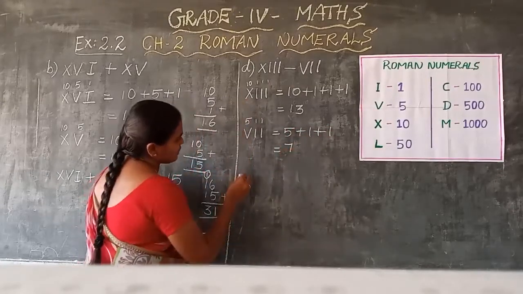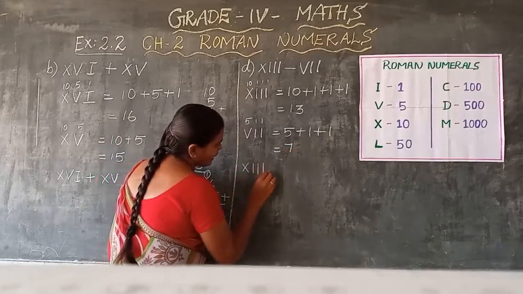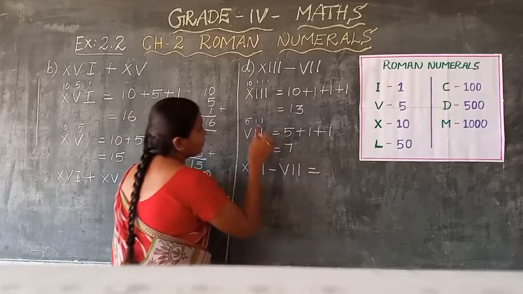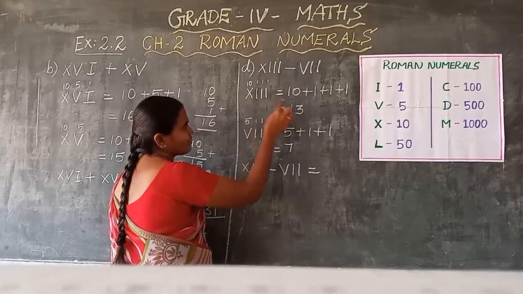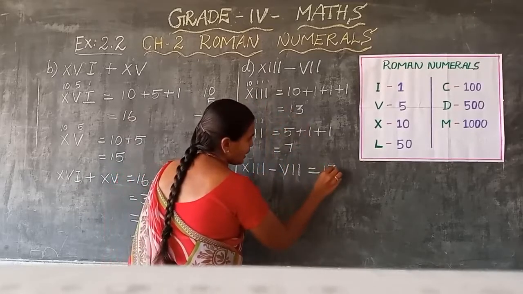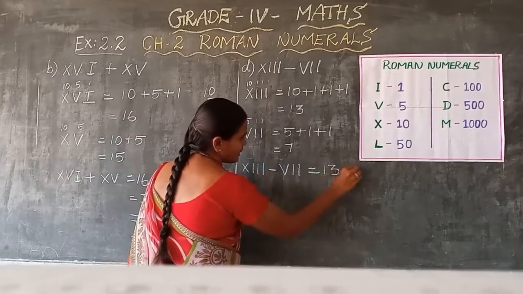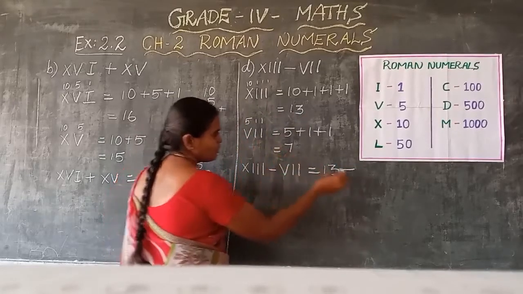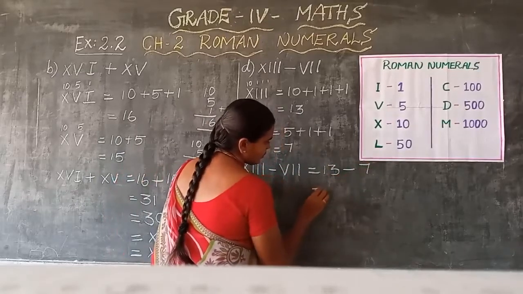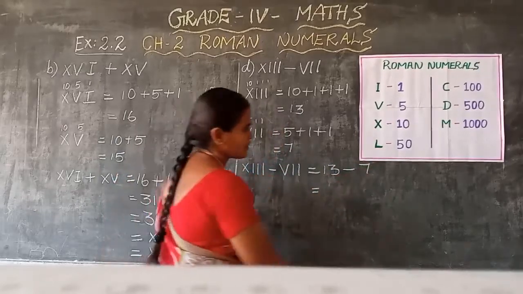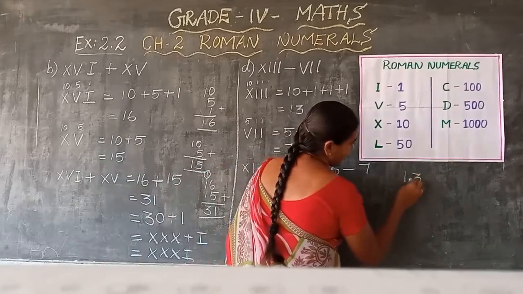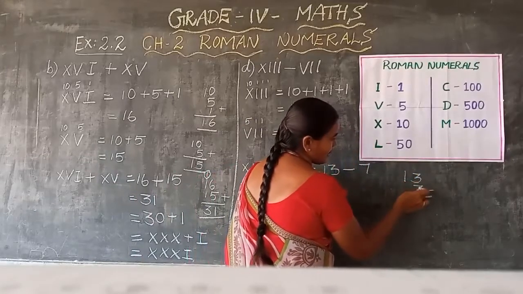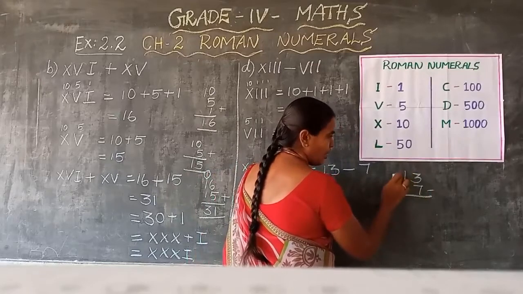Now write the question: XII minus VII equals? XII gives answer 13. Here is the minus symbol, minus VII. VII value is 7. So minus means subtraction: 13 minus 7. 3 minus 7 is not possible, so borrow.